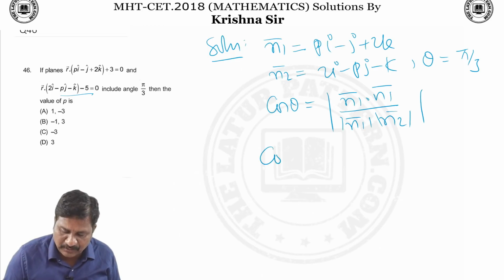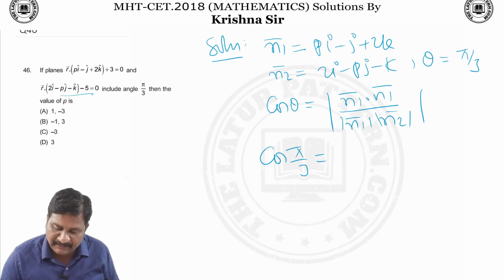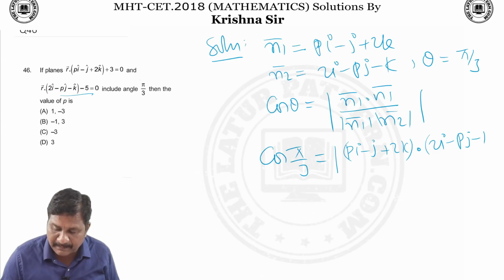Where theta is equal to pi by 3, 60, and n1 bar, that is i minus j plus 2k dot product with 2i minus pj minus k, upon mod n1 bar, which is the square root of the i, j, k coefficient squares, 1 square, 1 square, 2 square, similarly 2 square, p square, 1 square.